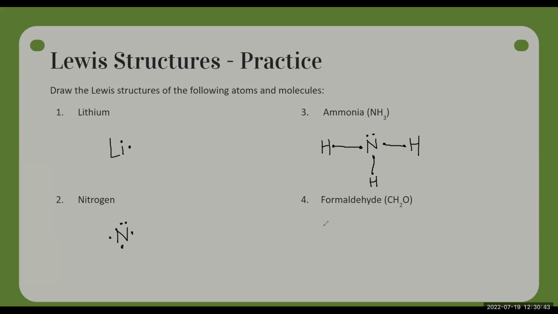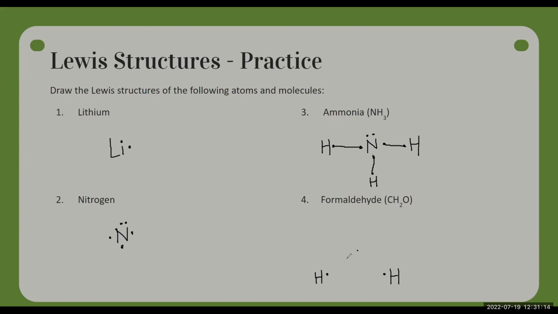All right, the last one we have is formaldehyde. So formaldehyde is going to have the structure CH2O. So what we can do here is we can basically draw all the individual Lewis dot structures. And hydrogens tend to be on the endpoints.